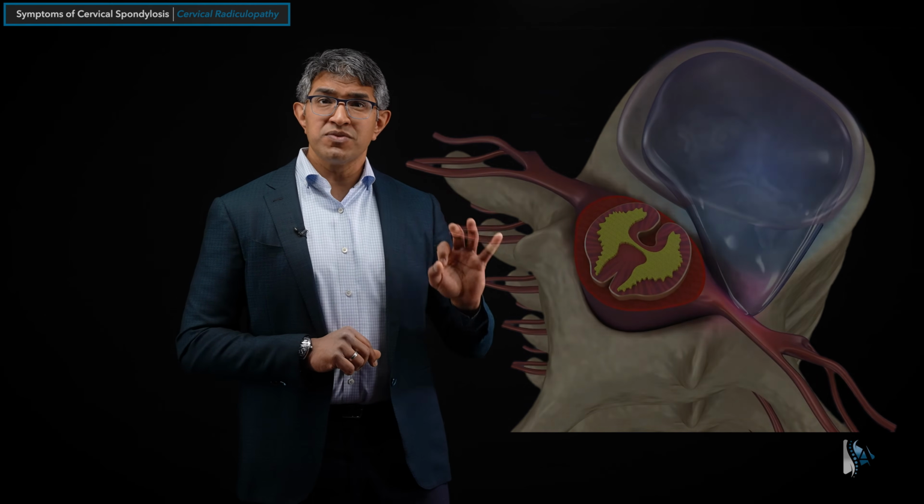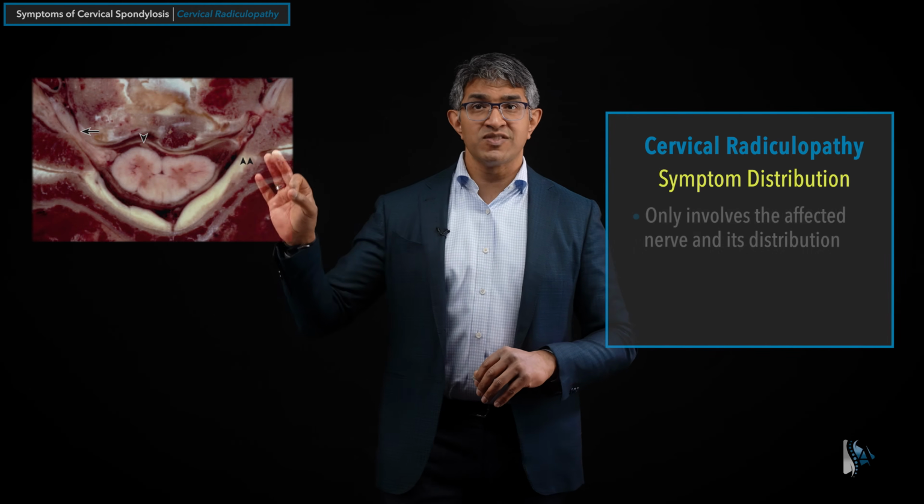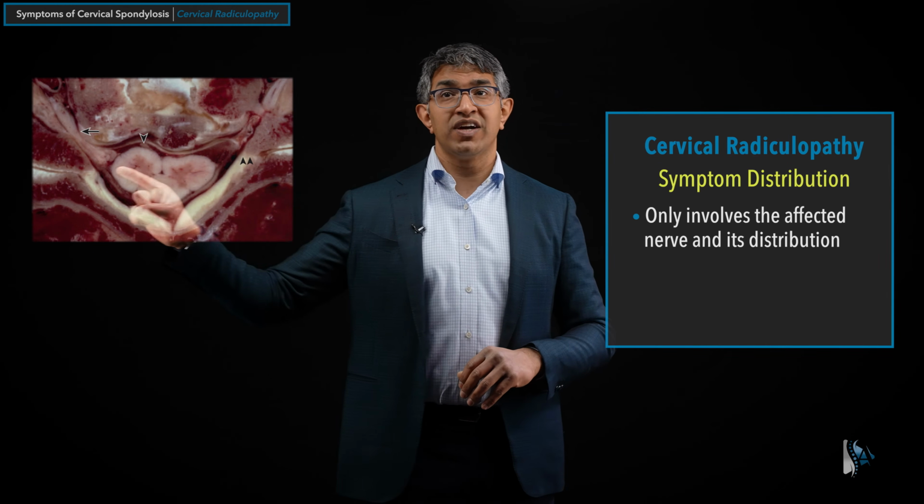In terms of the symptom distribution itself, like in this frozen section right here, you can see that there is pressure on the nerve over here. There's no pressure, or less notable pressure, over here. This pressure affects that nerve alone. So cervical radiculopathy typically affects only the structures that are affected by that nerve.